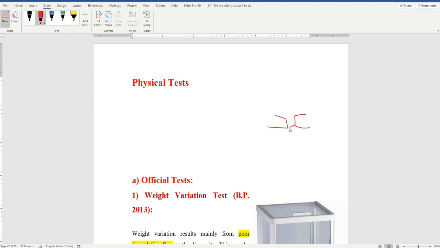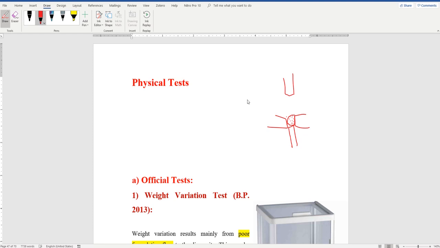In this die cavity, there is the lower punch and there is the upper punch that does the compression, and your formulation will be filled in this die cavity. So what could happen such that the amount that comes here is different in each tablet that is produced? So what might be happening? Who knows?